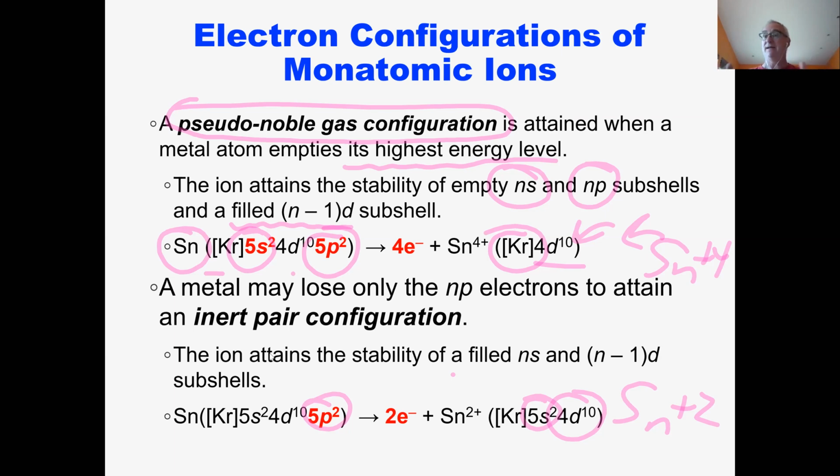What happens actually is elements bond with other elements and form something more stable. You don't get elements bonding with other elements to form something less stable. Under certain circumstances, you could force that to happen, but that's not going to happen. So it's more stable to lose electrons than it is to gain them.